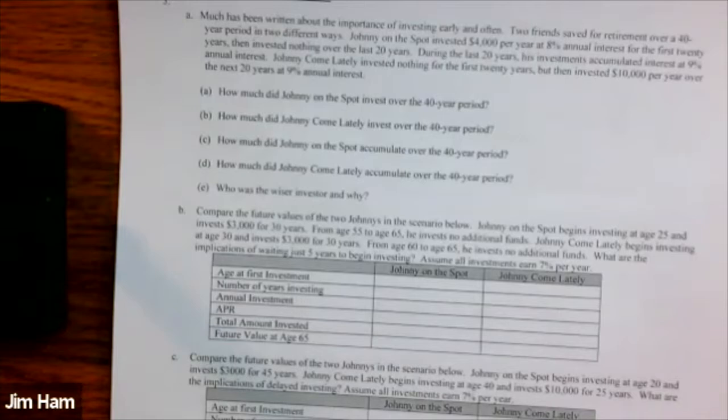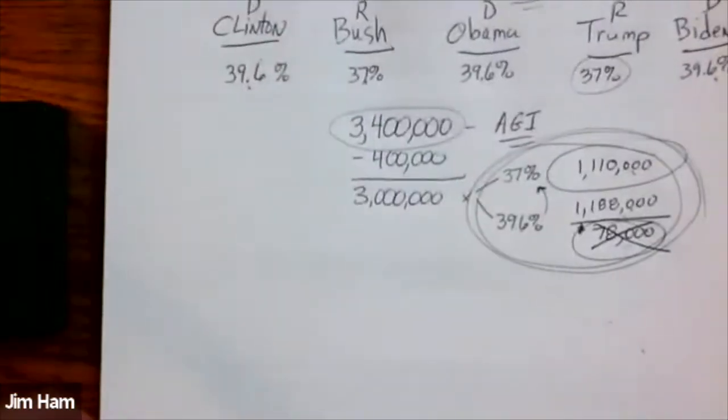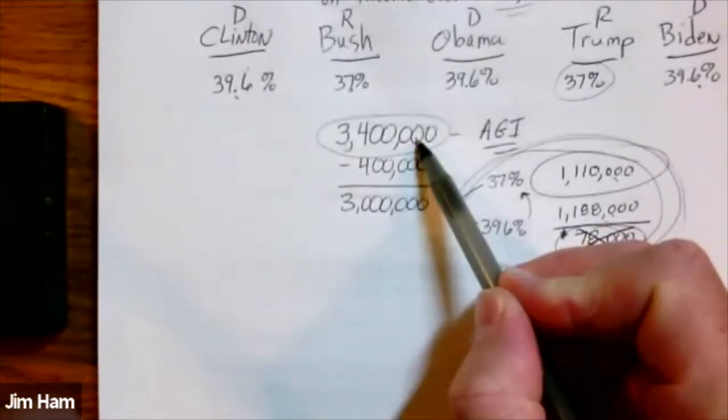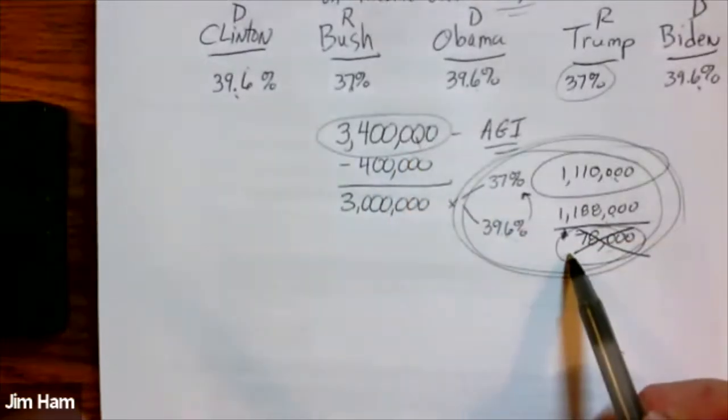Some of you might be earning unemployment, which is something that you should take advantage of. If you have been working and because of COVID you're out of a job, you should take that money, because this guy's taking that money. This guy's taking $78,000. Your unemployment check is not going to be $78,000.